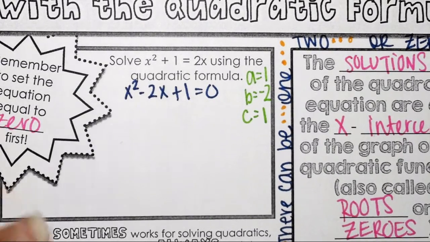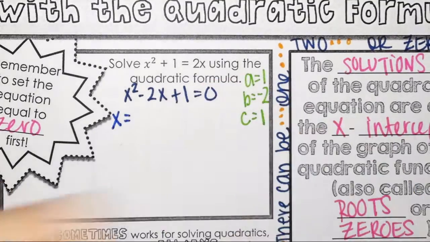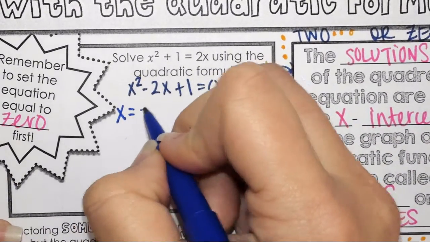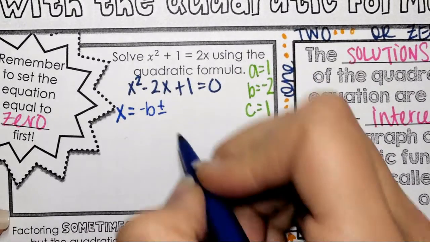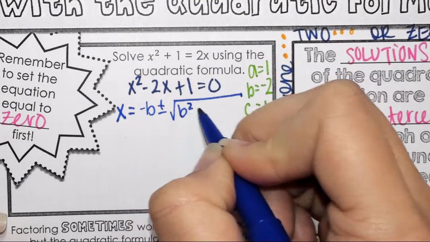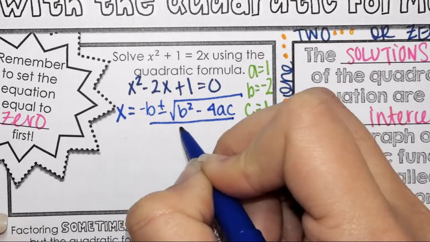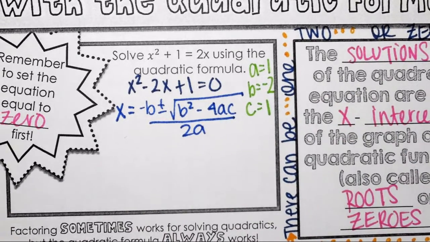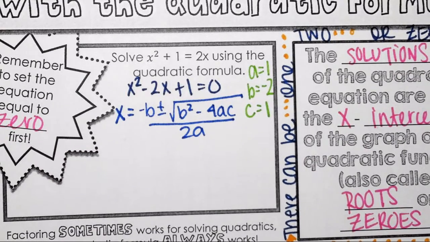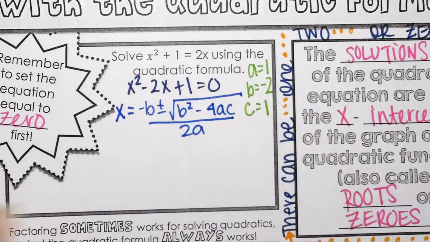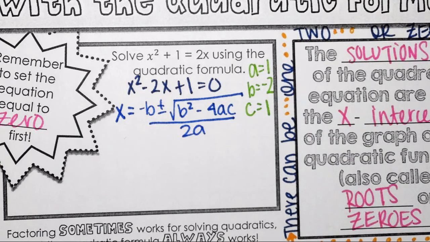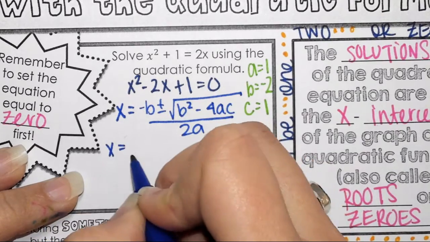Okay, so our quadratic formula is what? X equals negative b plus or minus the square root of b squared minus 4ac, all divided by 2a. Good.